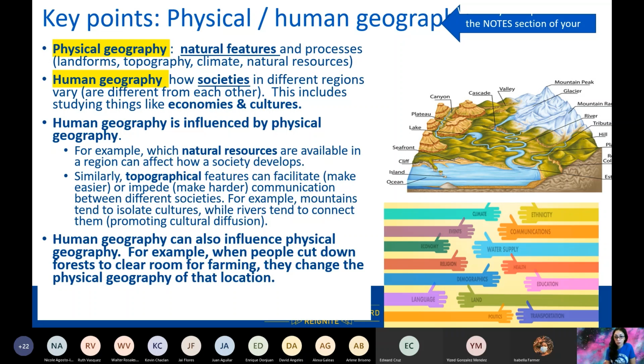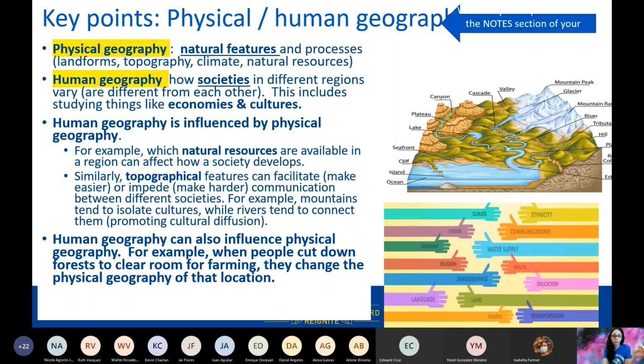Human geography and physical geography influence each other, however. For example, which natural resources exist in a given place can affect the way societies develop, and the topography of a region, like we saw with our river valley civilization studies, right? They can really affect the way a society develops.